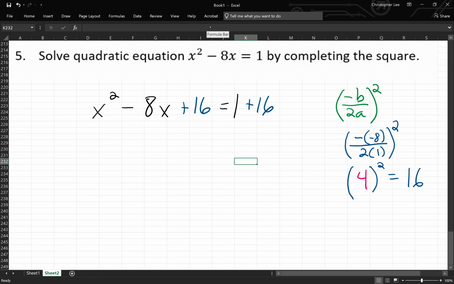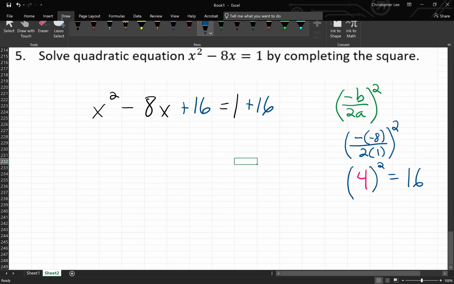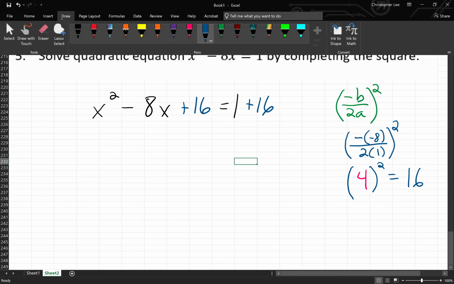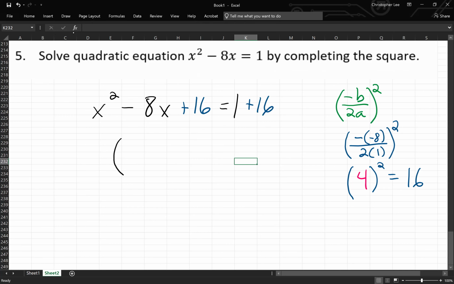So now on the left-hand side, which is the x squared minus 8x plus 16, I want to factor that. So what do I have? What does that become? Good, good. Equals 17, right? So let's recap real quick.